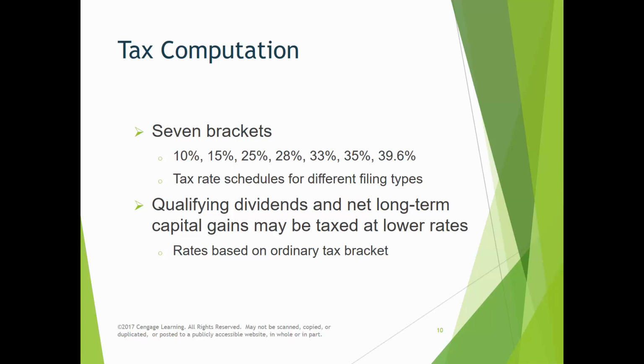I bought 6 shares of Disney for $50 each. Right? So I paid $300. And I sold those 6 shares of Disney for $80 each. Okay, so I've got capital gains of, what's that, $180. That's net long-term capital gain. That is also taxed with preferred rates.